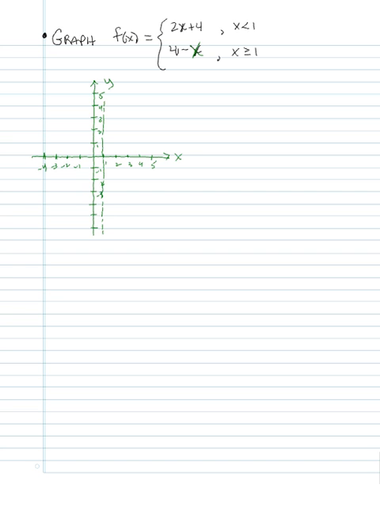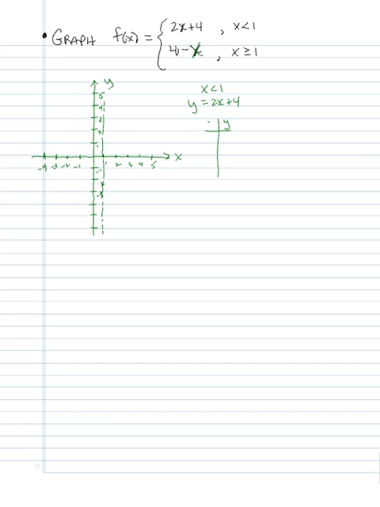Now, what I do know is on one side of that vertical line, the graph is going to look one way, and on the other side, it's going to look a different way because we have 2 different formulas. So whenever I'm on the left of 1, that is when x is less than 1, I use the formula y equal to 2x plus 4 to calculate y with. And I know that that will be part of a line because y equal to 2x plus 4 is a line, but I'm only using x's that are less than 1.